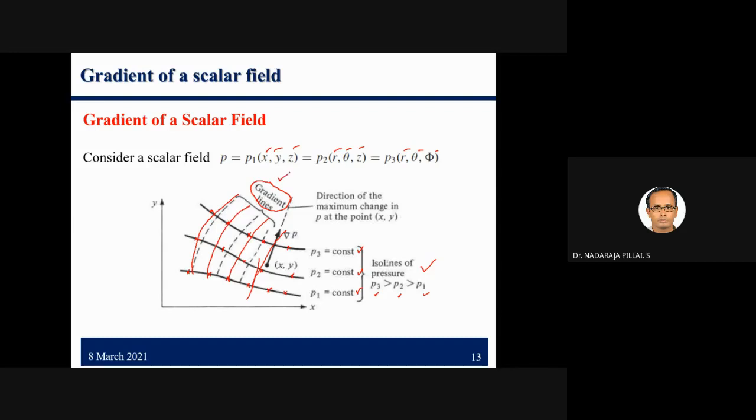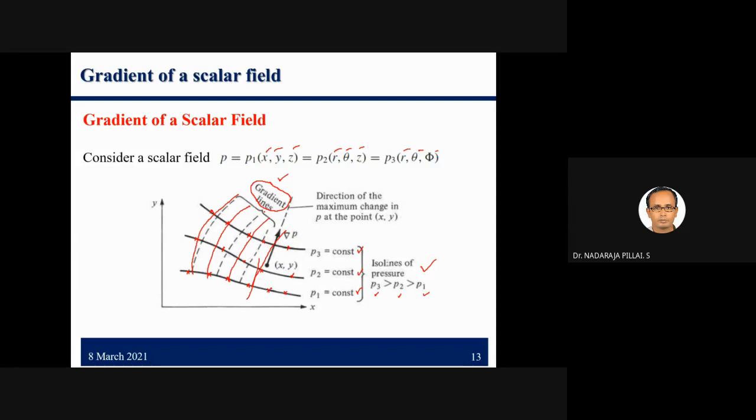Here we need to note that the isolines and gradient lines are perpendicular to each other. What are isolines of pressure? The constant pressure lines. And the gradient lines are perpendicular to the isolines.